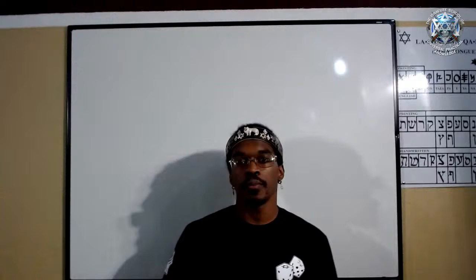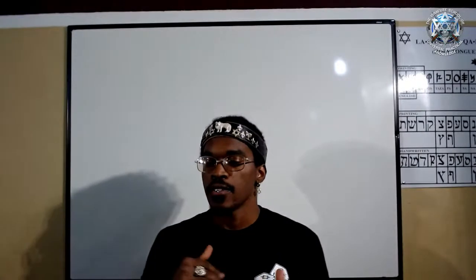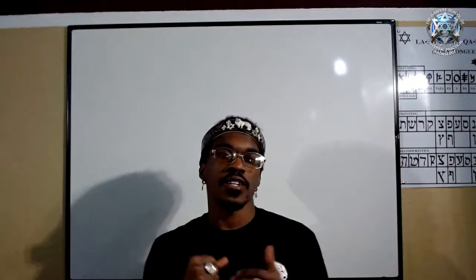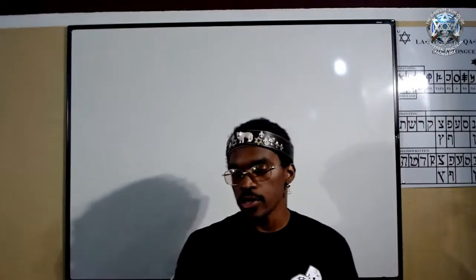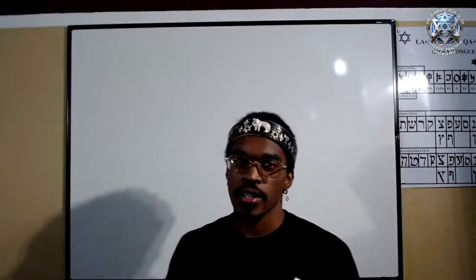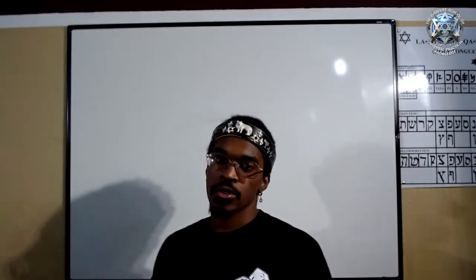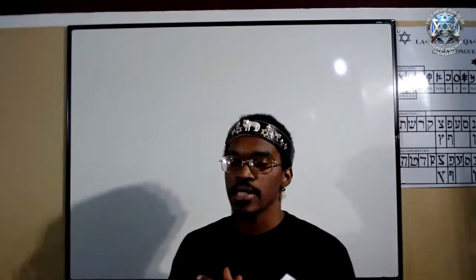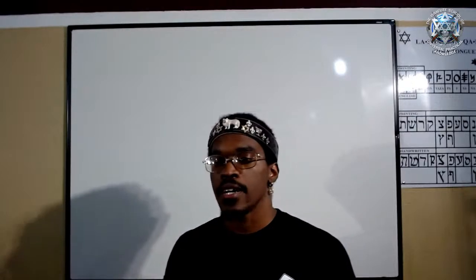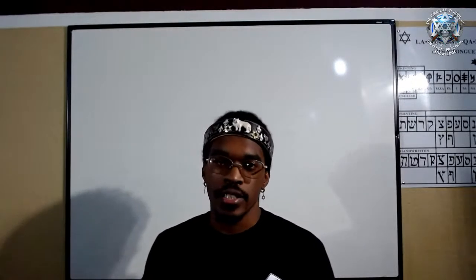All right, this is the Lashawan Qadash class. We are here to study and learn the Hebrew language, the ancient Hebrew language, the language of our ancestors, our forefathers. Way back when the Bible was written, it was written in ancient Hebrew. This language was passed down through a specific lineage.